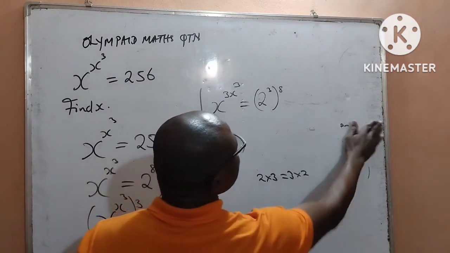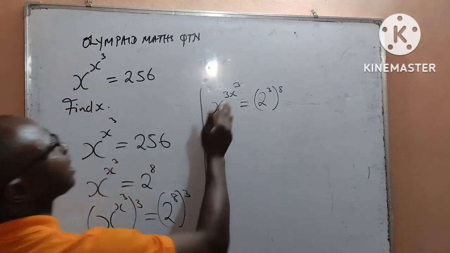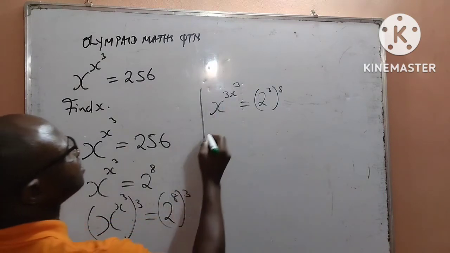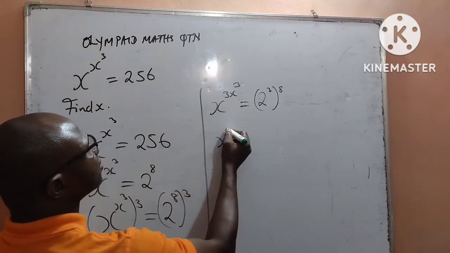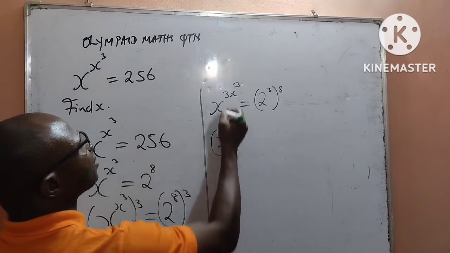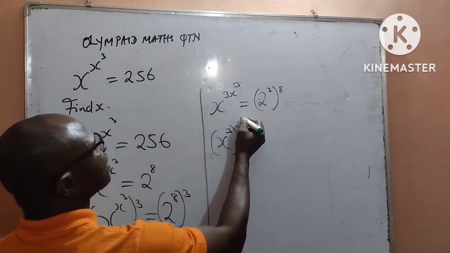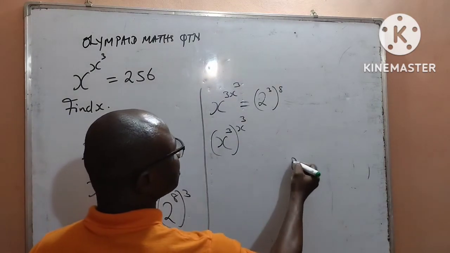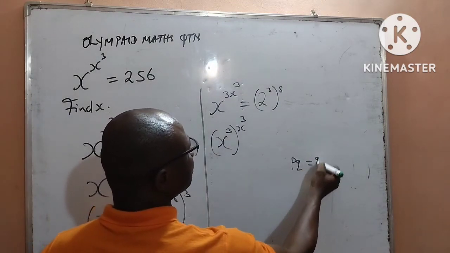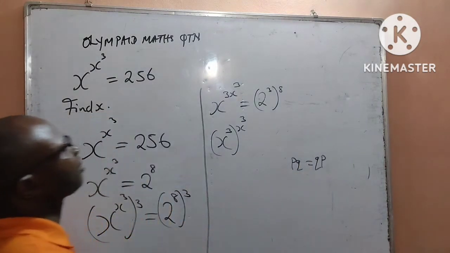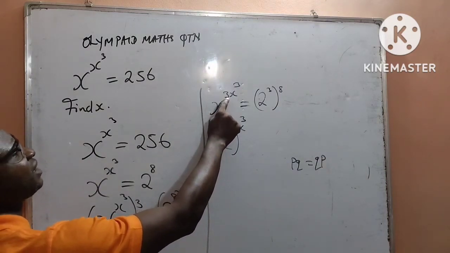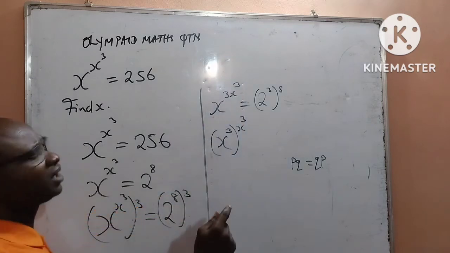Beautiful. So looking at this, I move on, and from here, I can write it this way: x to the power of 3, everything also to the power of x to the power of 3, because we said that pq is equal to qp. Meaning that what I have here is 3 multiply x to the power of 3.